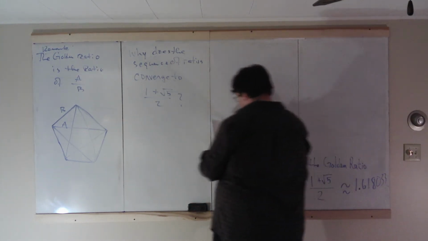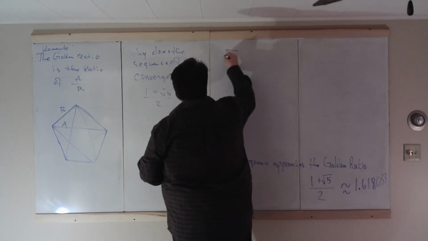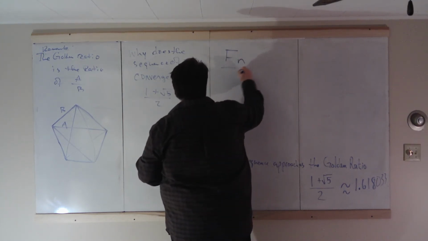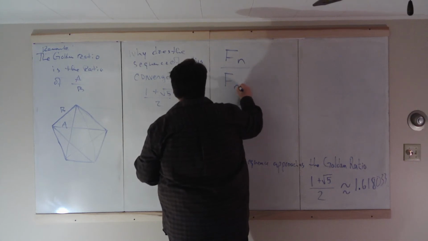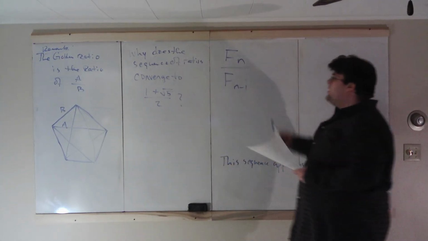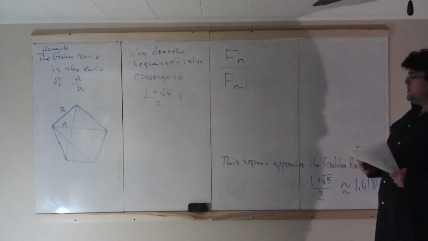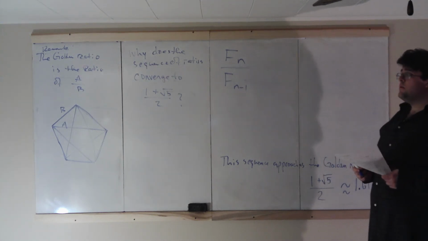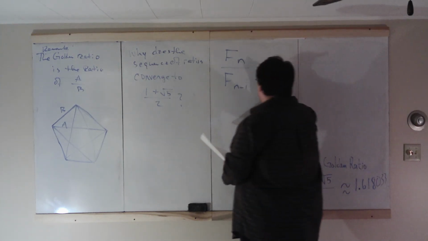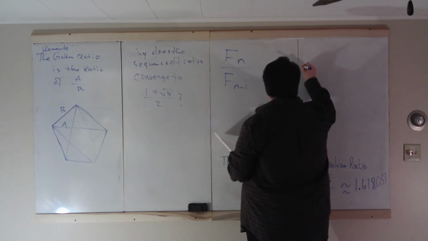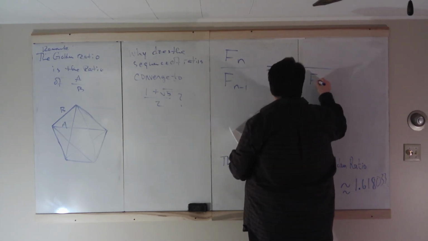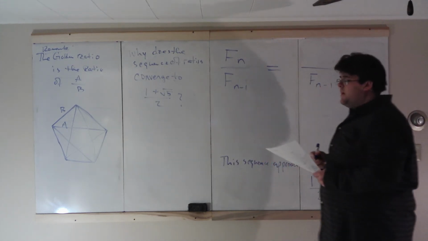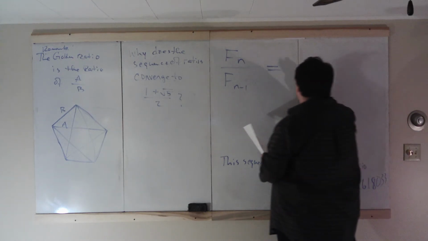Well, what did we take? We took the ratio of one Fibonacci number to the one before it. What does this equal? Well, the denominator is still Fn minus 1. Let's leave that alone.